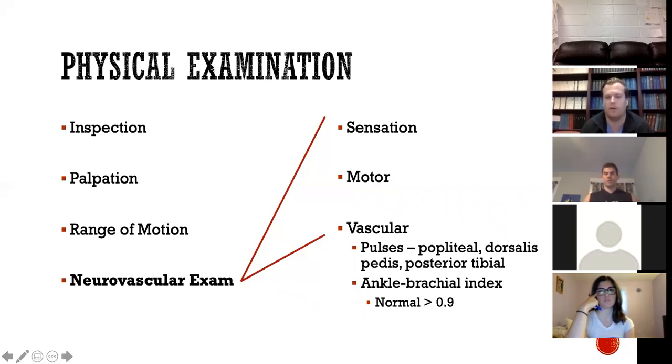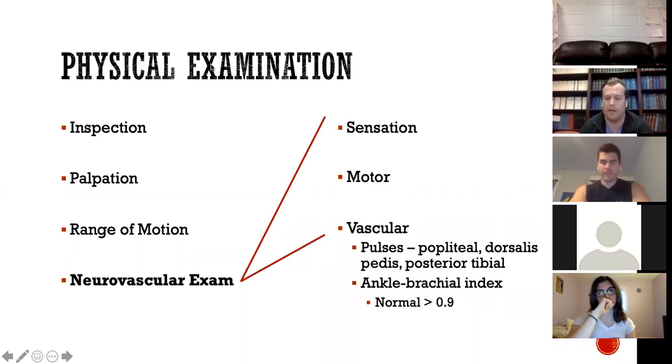So essentially, you're trying to figure out the rate at which the blood flow or the pressure of the injured extremity compares to a normal extremity. It's uncommon to have them be exactly the same, but normal is considered anything over 0.9.